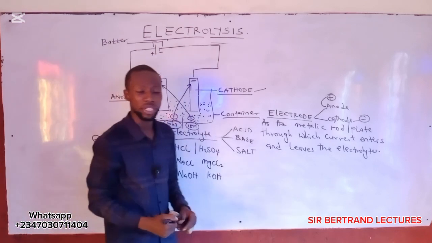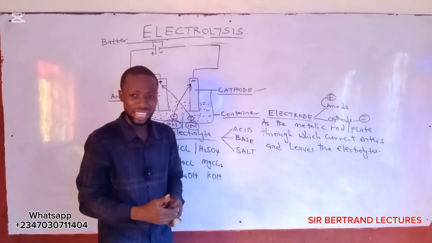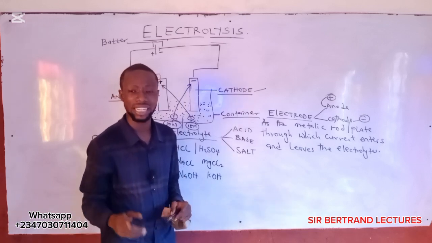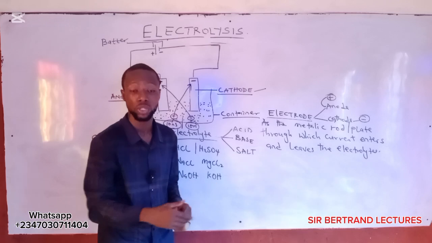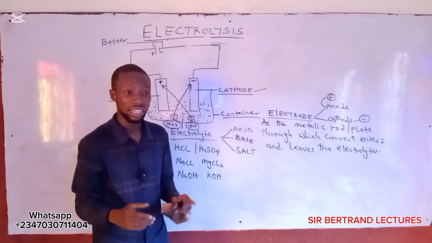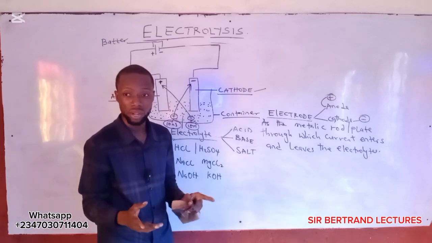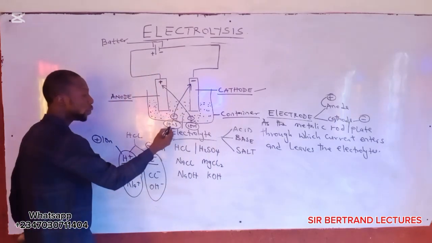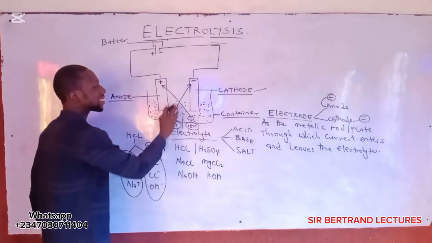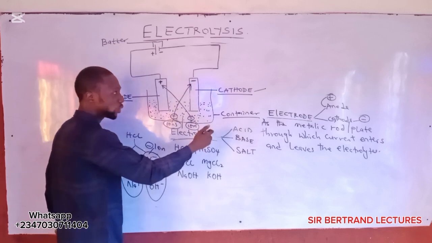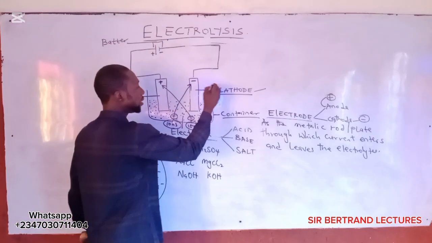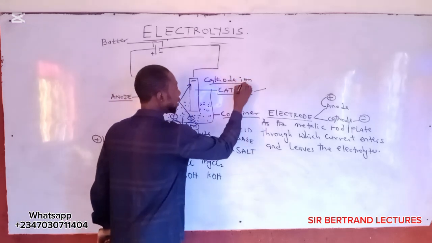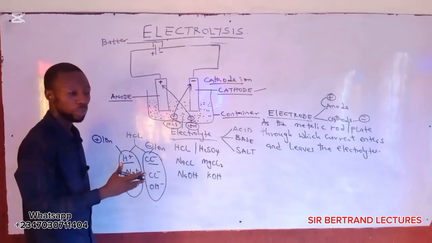According to Benjamin Franklin, like charges repel and unlike charges attract, and that is also seen in Coulomb's law, which says that like charges repel while unlike charges attract. So these ions that are positive will be attracted to the negative electrode, and at this level it is known as the cathode.